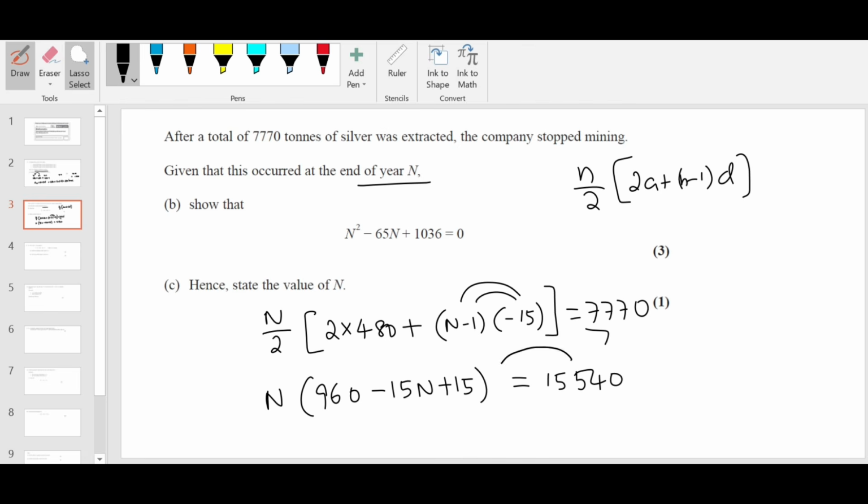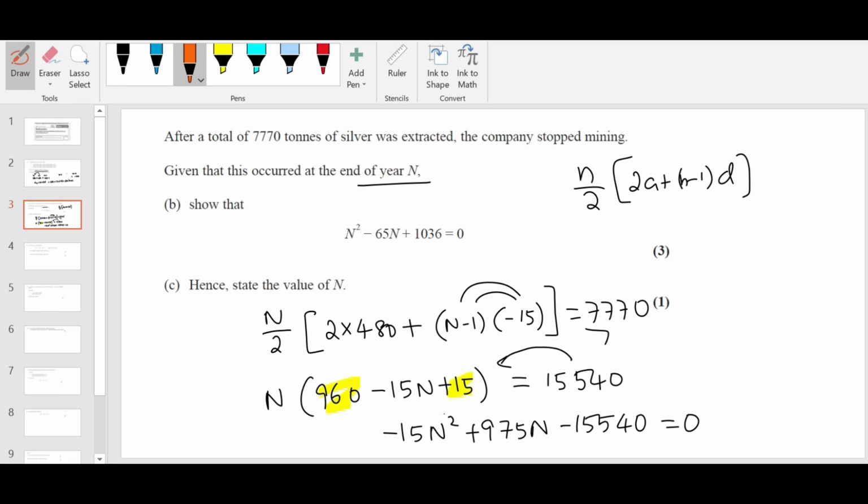Now put this number also here and open the bracket. First you can simplify these two terms, you get 975. So once you open the bracket, you get minus 15n square plus 975n minus 15,540 is equal to 0.